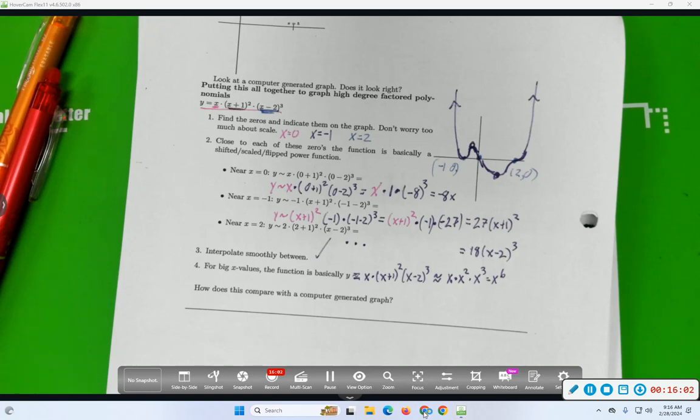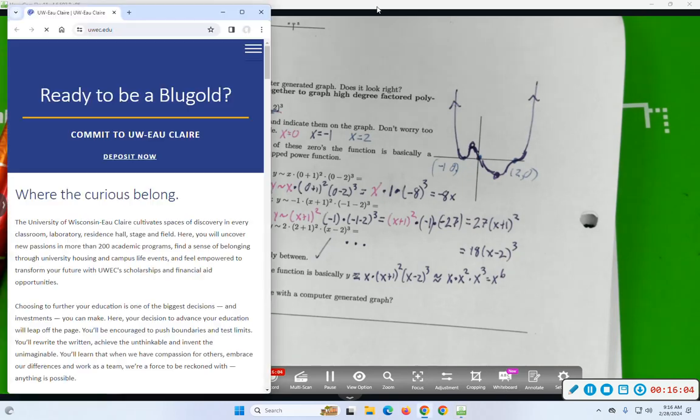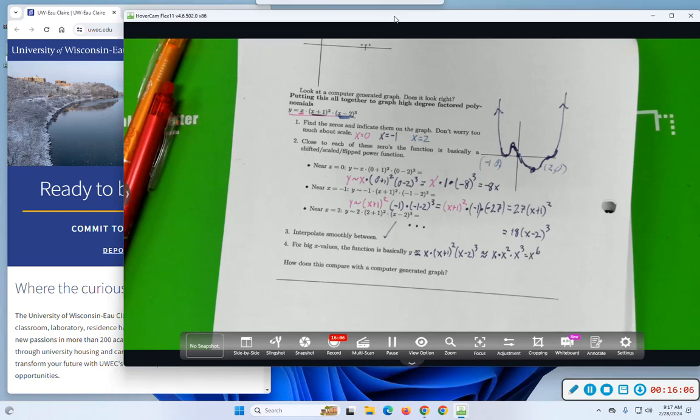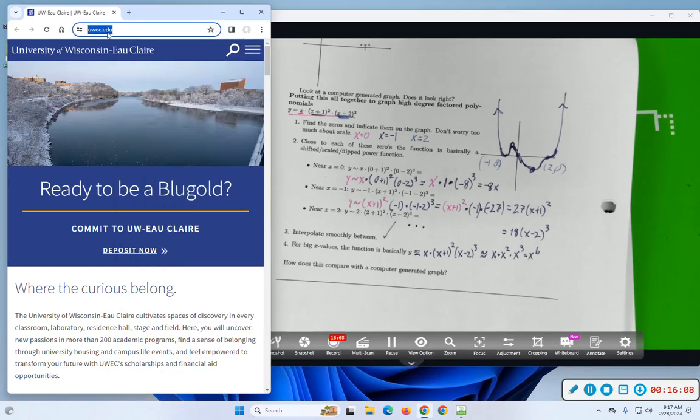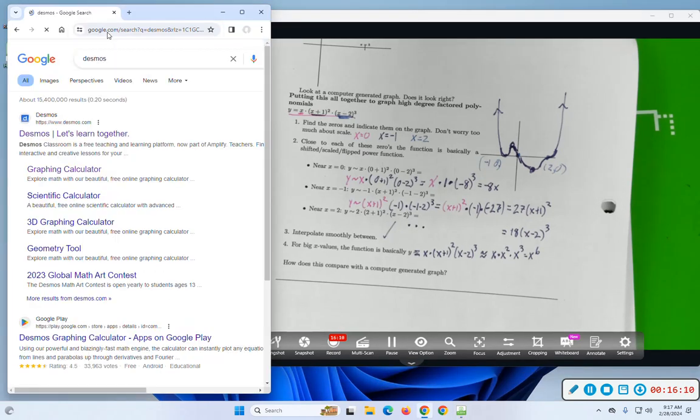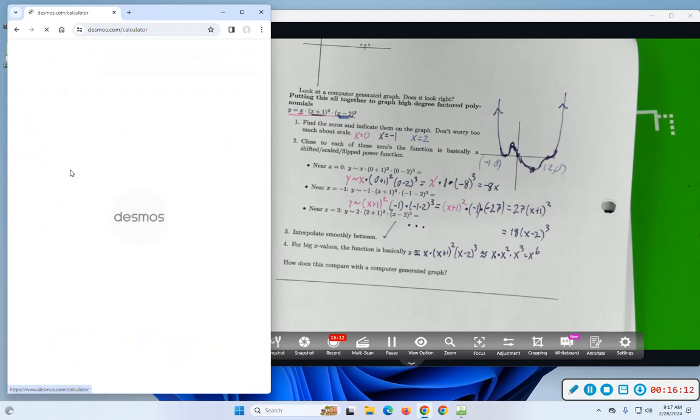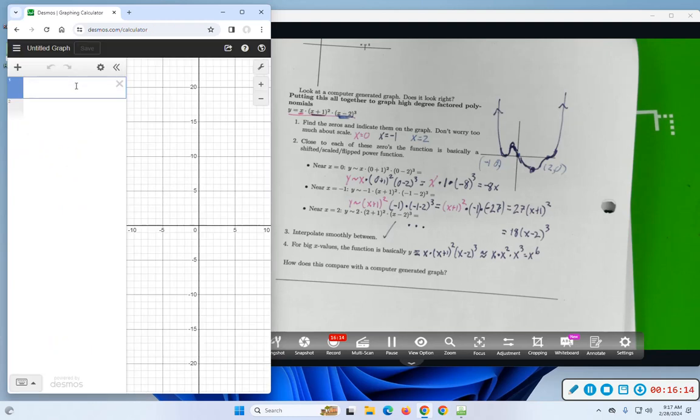And let's just check that information. We have a computer, let's also just generate a graph using a machine. How'd we do? Does this look vaguely like the thing we have?